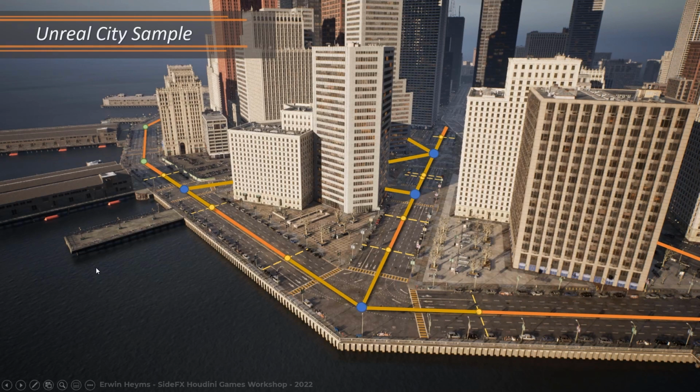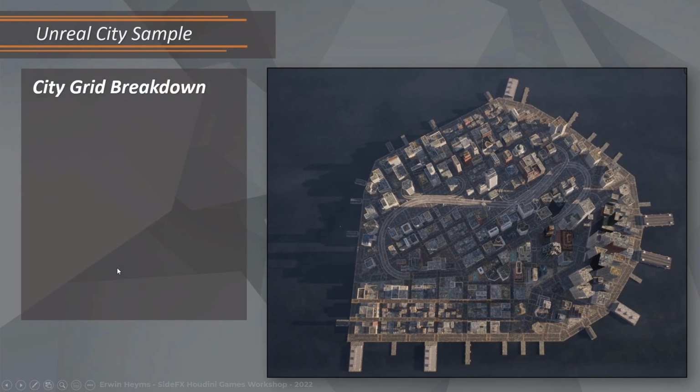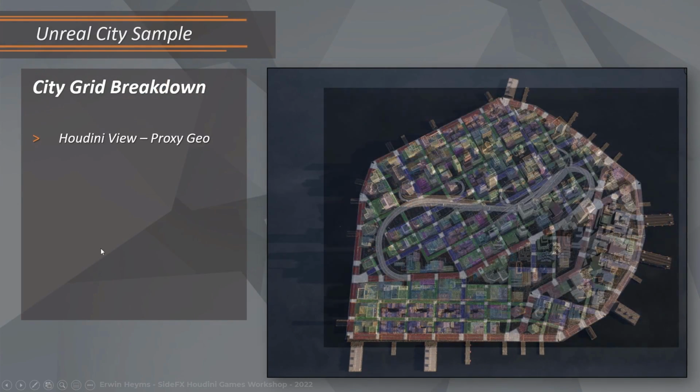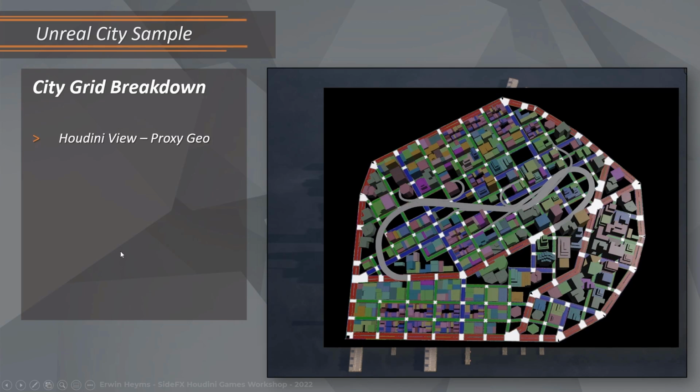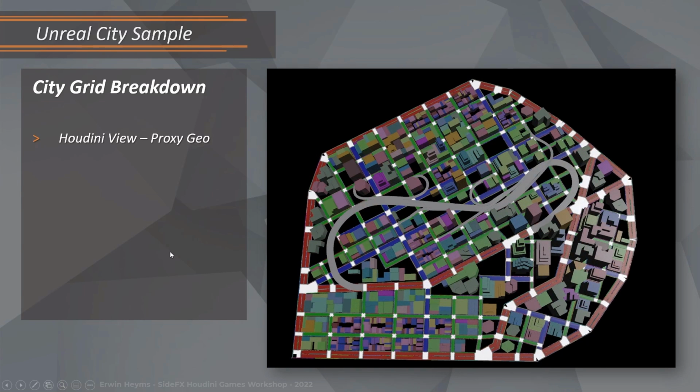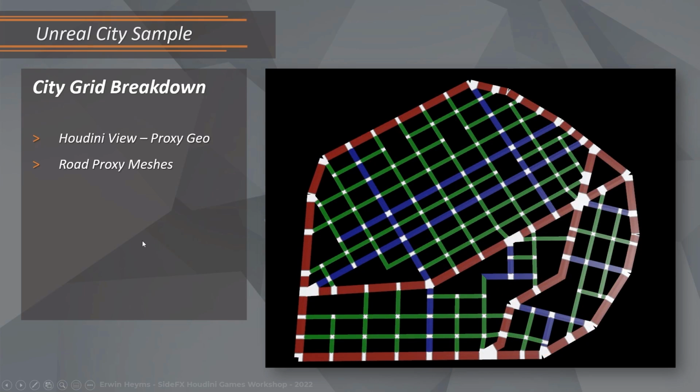Okay, so since this is generated in Houdini, we can look at the files and check how they are constructed under the hood. So over here we have the proxy geometry, basically the roads, but also the highways or the overpass and the proxy buildings. Now if we have a closer look at that and we ignore the highways for a moment, then here we have the proxy mesh for the road network. Like I said, the roads in this project are created from mod kits, and these are basically all the models combined.